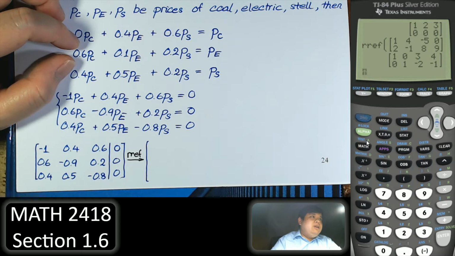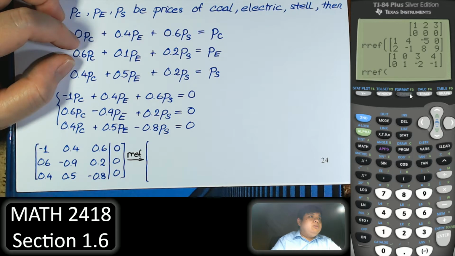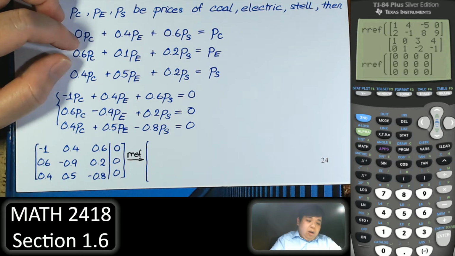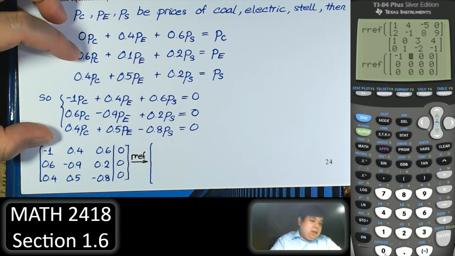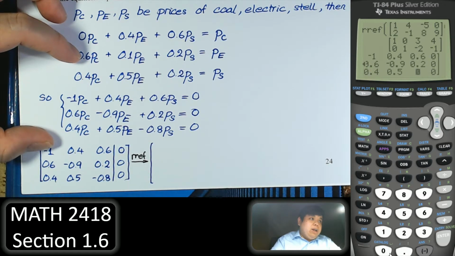Right. -1, 0.4, 0.6, 0.6, -0.9, 0.2, 0.4, 0.5, and -0.8.